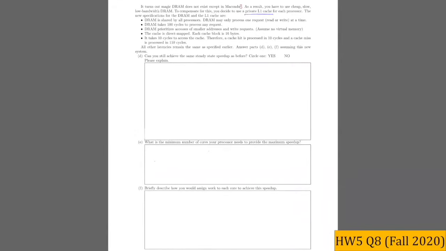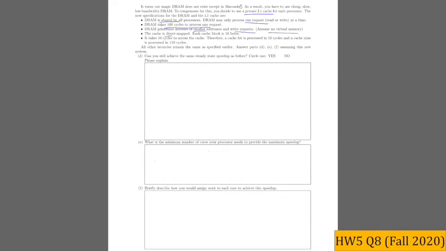The new specifications are: DRAM is shared by all processors, may only process one request, read or write, at a time, takes 100 cycles to process any request, and prioritizes accesses of smaller addresses. Write requests assume no virtual memory.